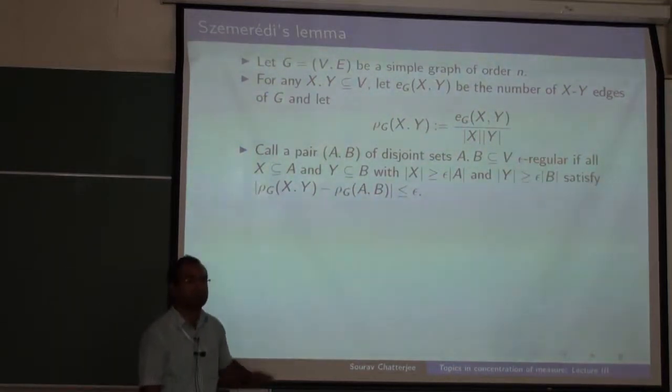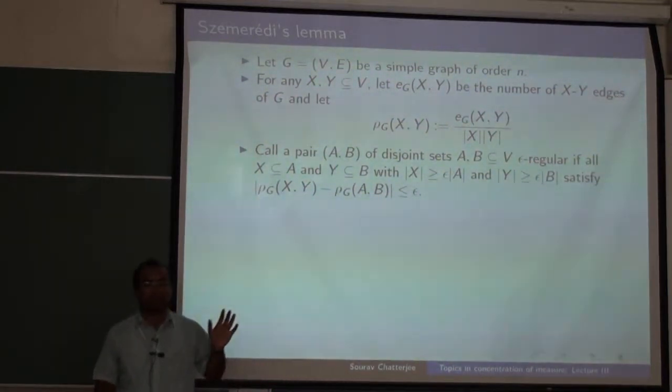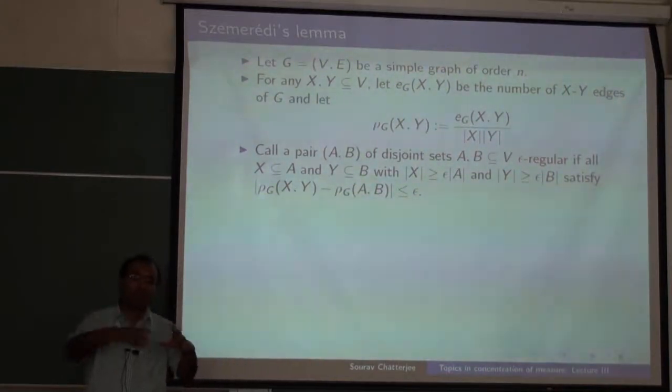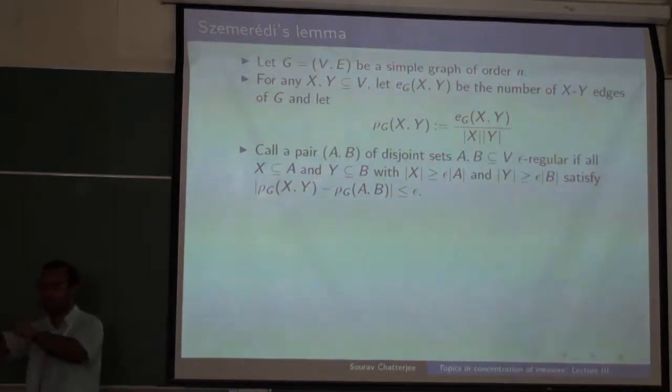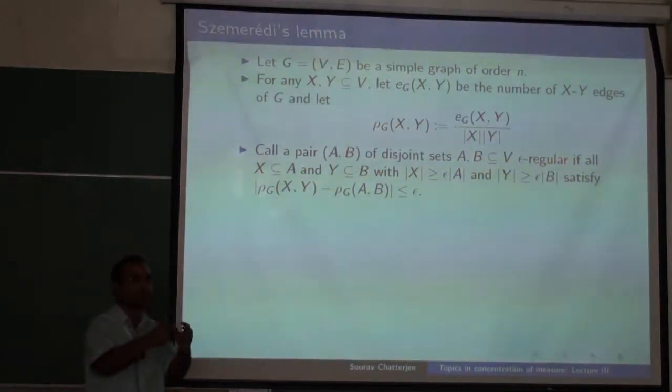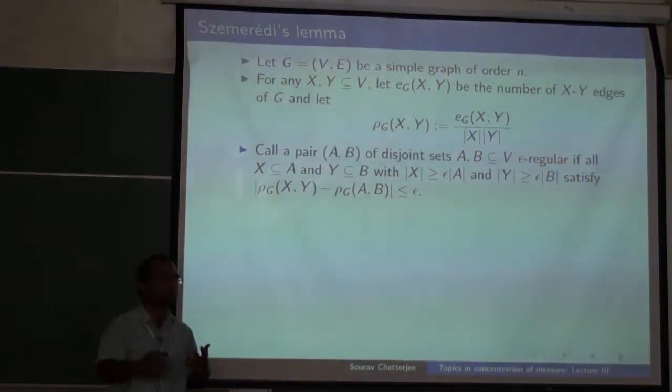Okay? So this is a notion of pseudo-randomness. If you had two sets and you put down edges at random with probability rho, let's say any two vertices are connected with probability rho, you would expect this. If you take two small subsets in them, then also the proportion of edges between the two small subsets should be approximately rho. So if things were perfectly randomly distributed, you would expect that you take two small subsets and the density of edges between them will also be rho.